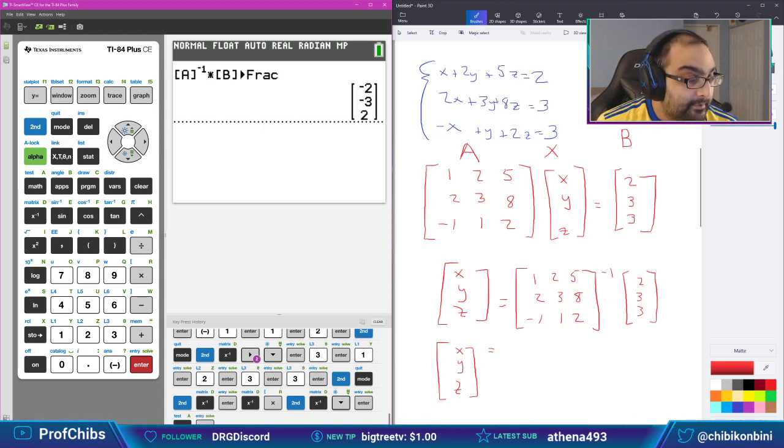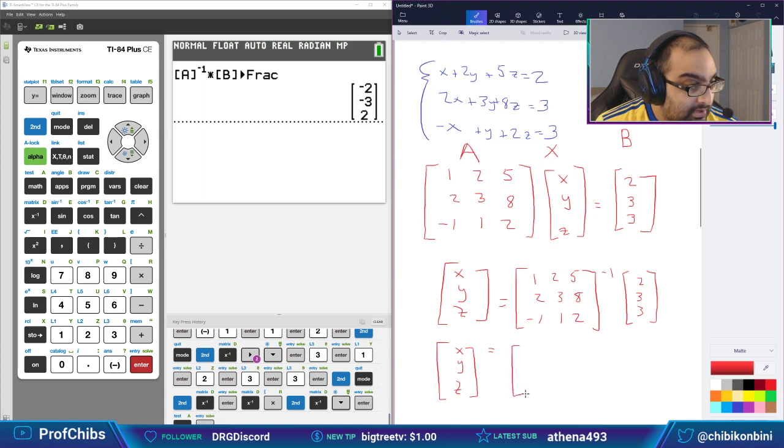Okay, so we found our answer here of negative 2, negative 3, and 2. And that will be our final answer for that problem. Easy peasy lemon squeezy.